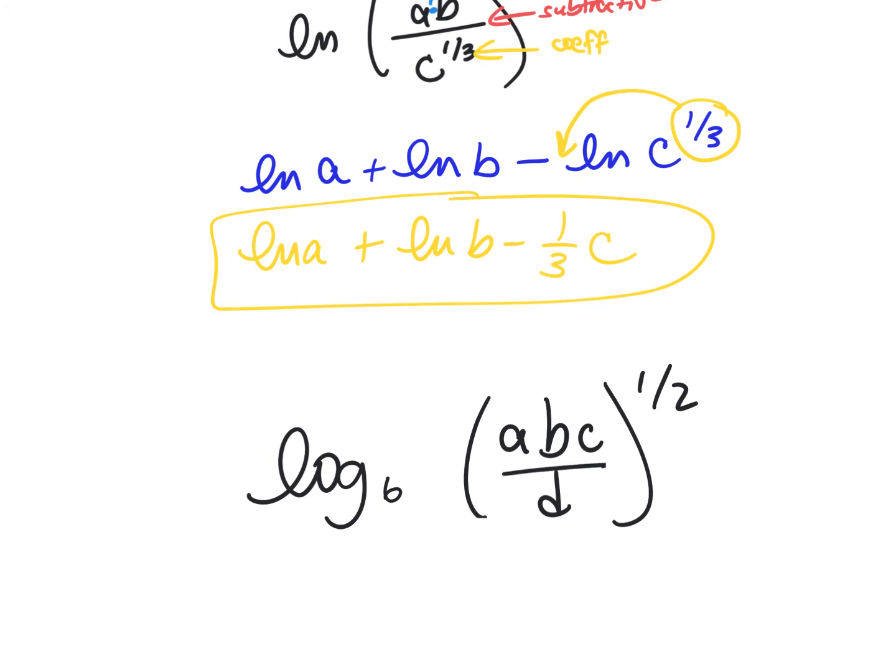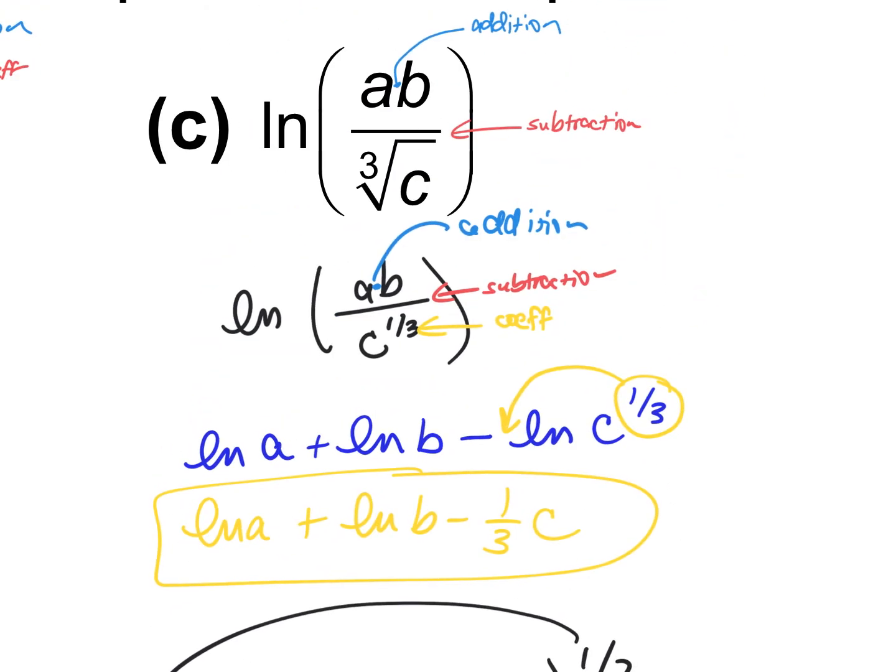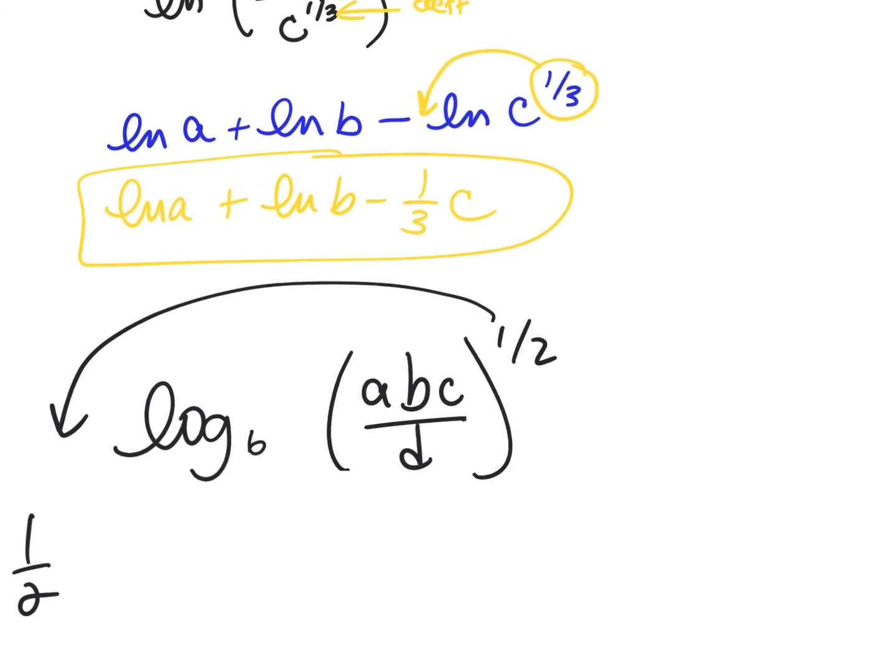Where does that 1/2 go to? Everything. So when you expand this, what you're going to do is bring that 1/2 out in front of the entire thing. And then everything goes behind it. Do you see how here it's only attached to the C? Here it's attached to everything.